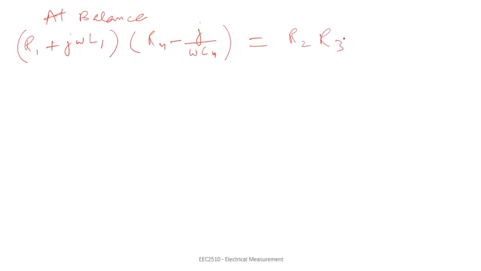So at balance, R1 plus j omega L1, the impedance of this coil, multiplied by R4 minus j over omega C4, the impedance of the fourth branch, should be equal to R2 R3.